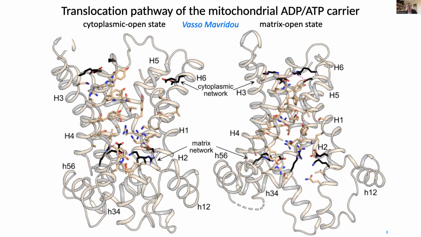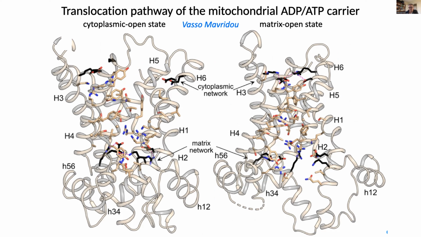And so Vaso then created 36 different mutants of the translocation pathway. So these are all the residues that the substrate would meet going from one side of the membrane to the other. And she turned them all into alanine replacement mutants, so in total 36.